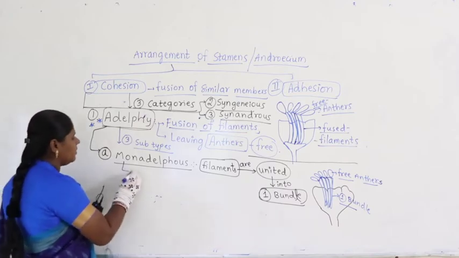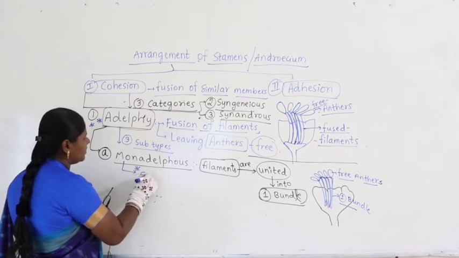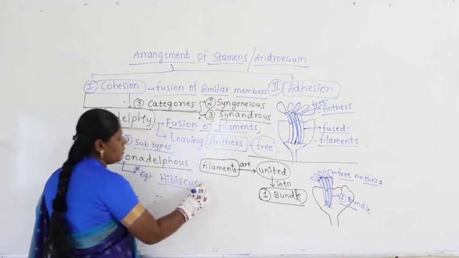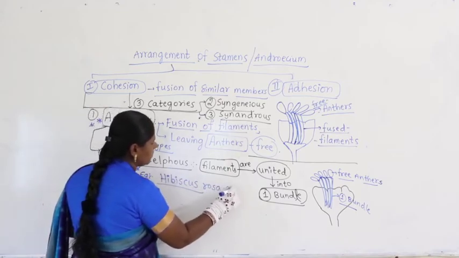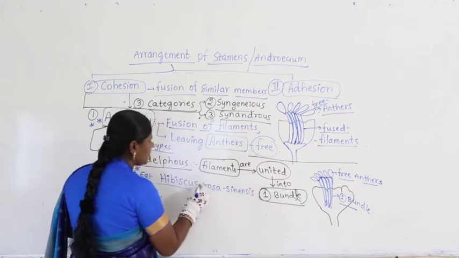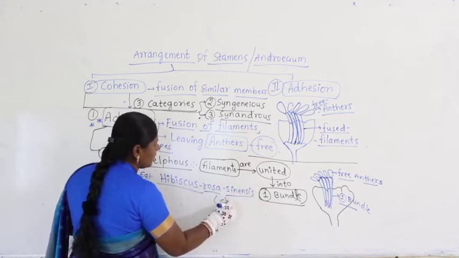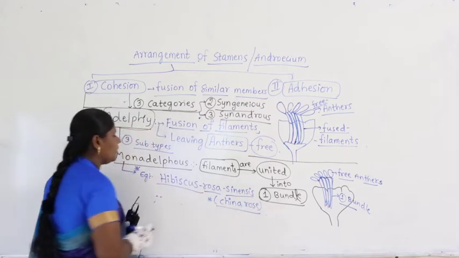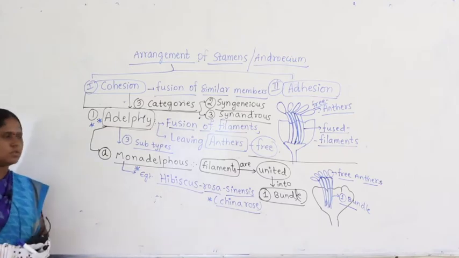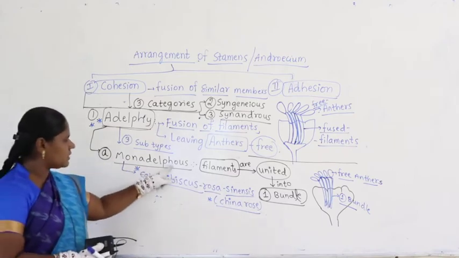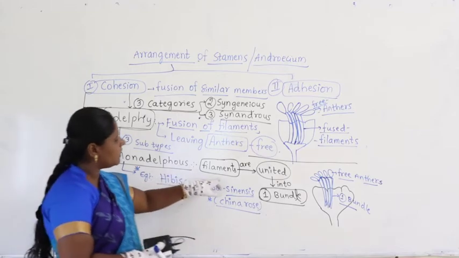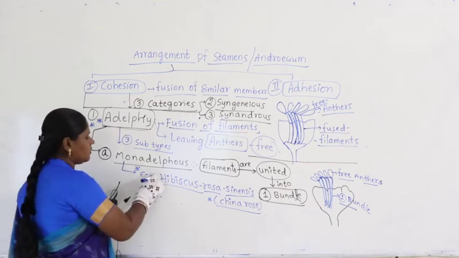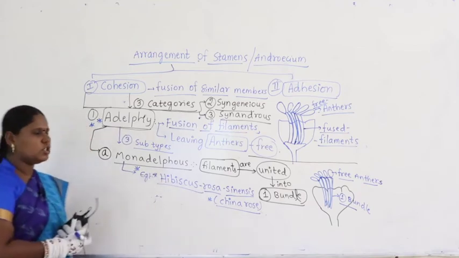Let us take the example, try to remember, we find it in hibiscus, Hibiscus rosa sinensis, commonly called China rose. I repeat again, Monadelphous means filaments are united into one bundle.